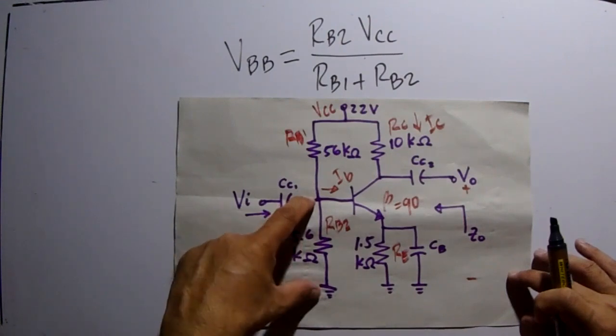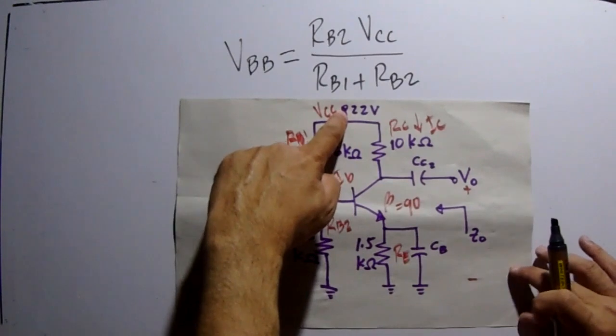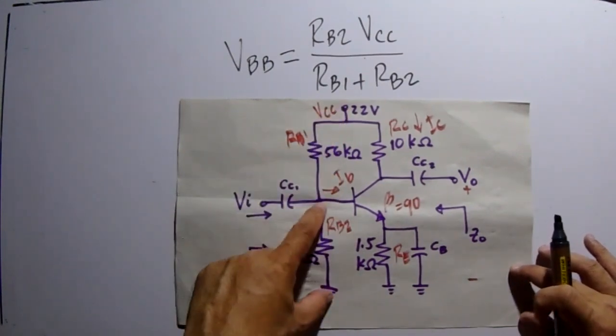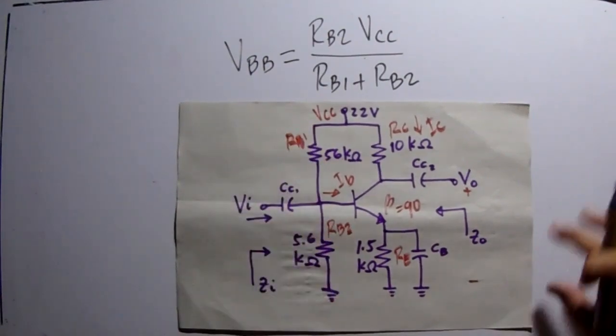So VCC, the total voltage source, multiplied by RB2 divided by the sum of RB1 and RB2.